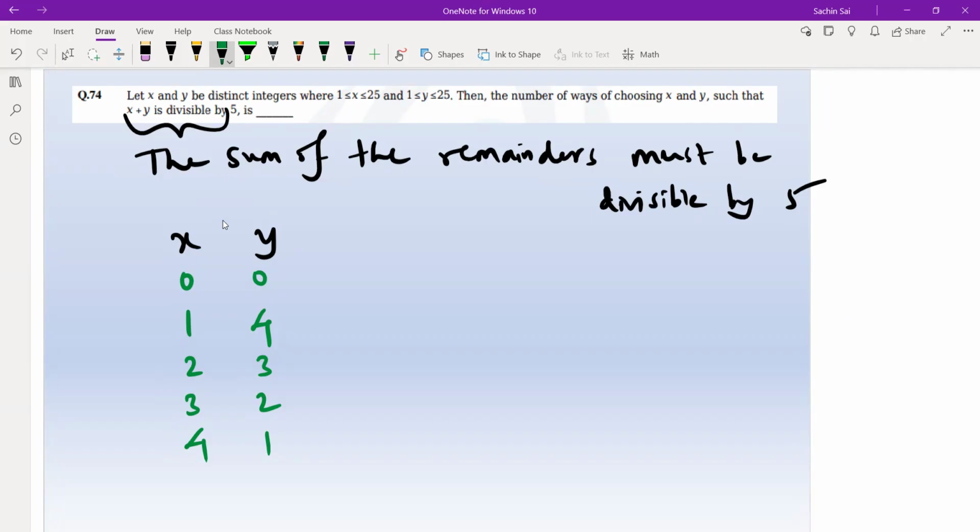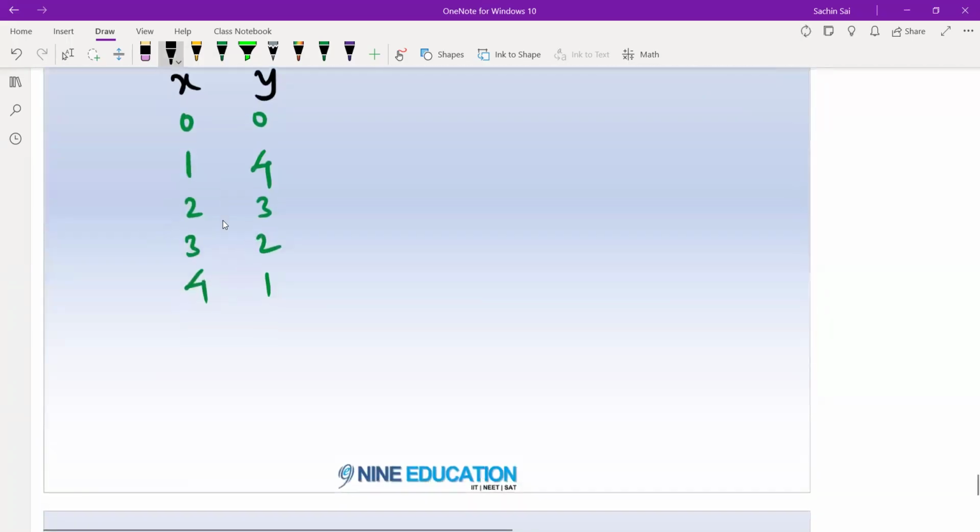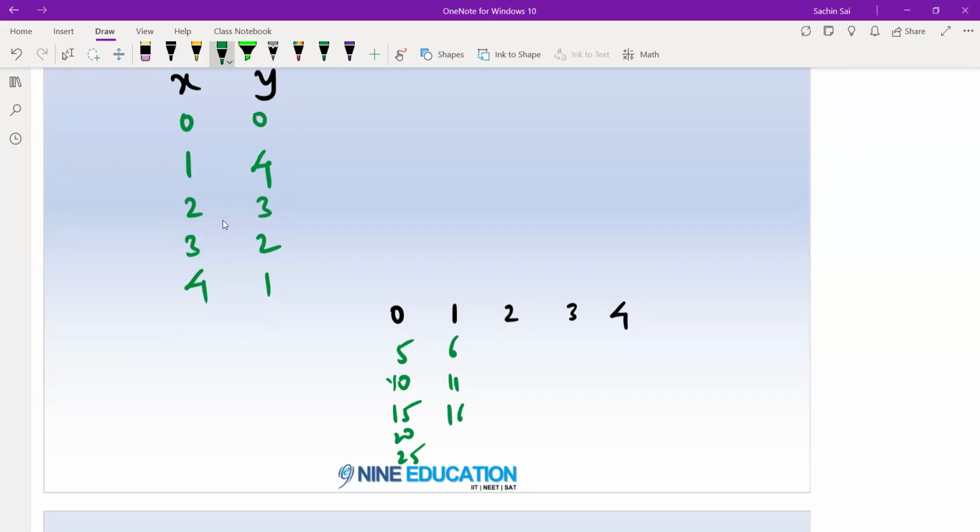Now let's group our numbers here. When I have 1 to 25, what are the numbers that leave remainder 0, 1, 2, 3, 4? The numbers that leave remainder 0 are divisible by 5. So these are 5, 10, 15, 20, 25, right? The numbers that leave remainder 1 are 6, 11, 16, 21.